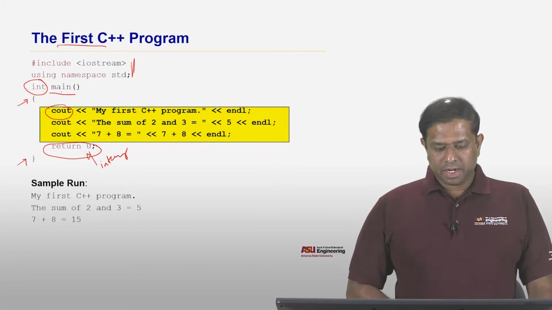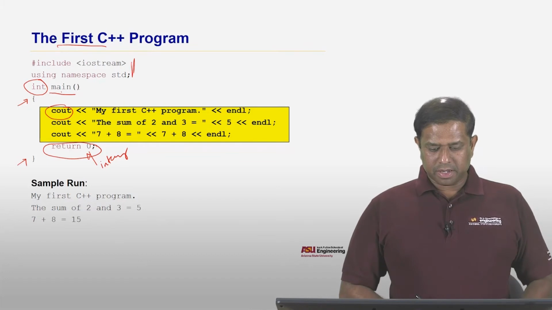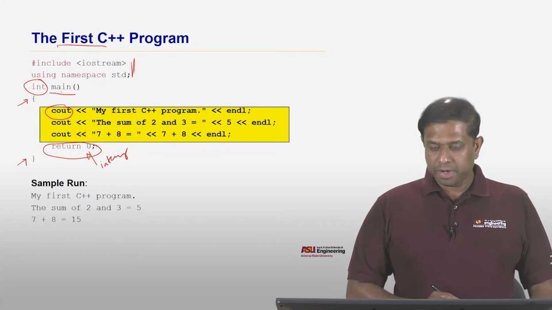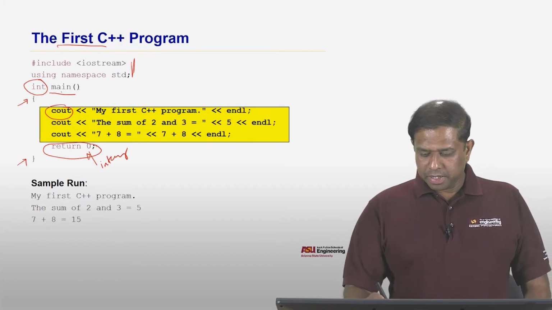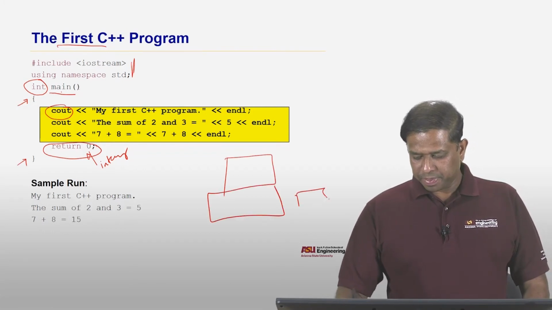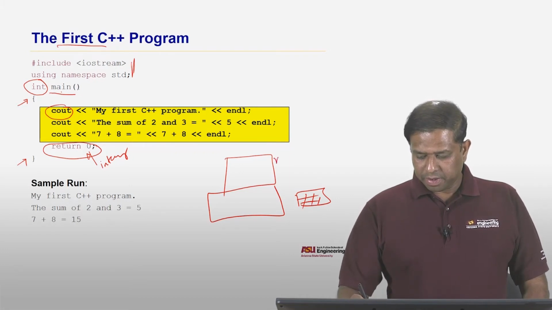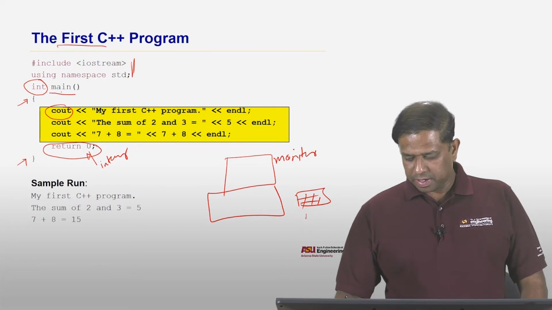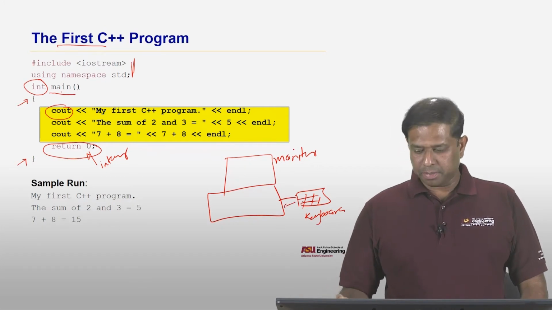This cout represents an output device. In the computer system, we said that we have input sources and output sources. Here we have the monitor as the output, and let's say the input is the keyboard, which is connected to the computer.